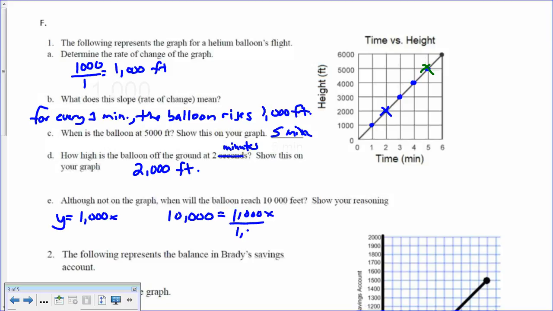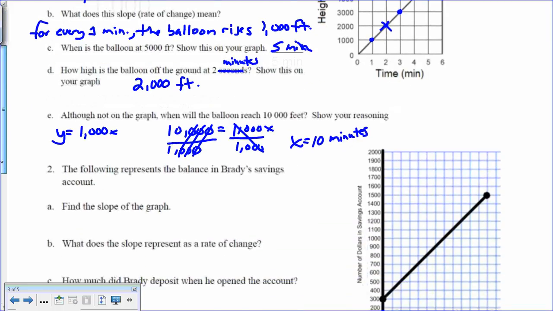Well, I just divide both sides by 1,000. And again, this becomes 1. When I divide base 10 numbers and I see the zeros here, I can just cross out the same amount of zeros. And I'm left with 10 over 1, which would be 10 minutes. So our answer to that question is it would take 10 minutes for the balloon to be at 10,000 feet.